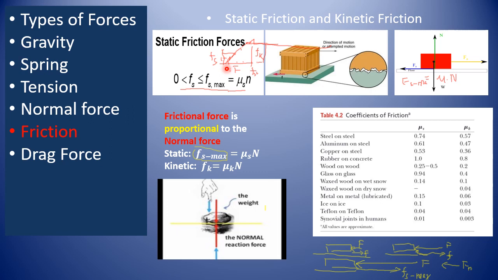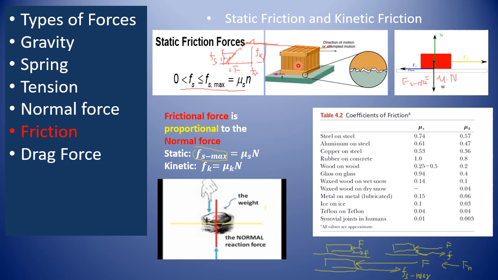a linear, diagonal straight line along this diagonal direction, meaning that if you have a stronger applied force, you will have a stronger static friction. They are one to one and in opposite directions, so the object stays stable or at rest until the applied force overcomes the maximum static friction the surface can provide.